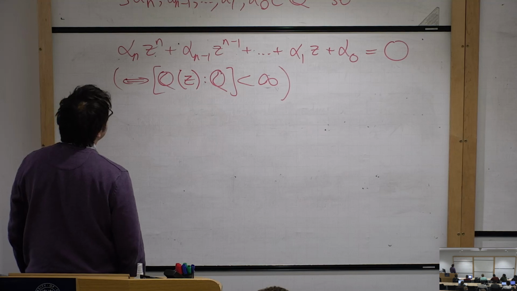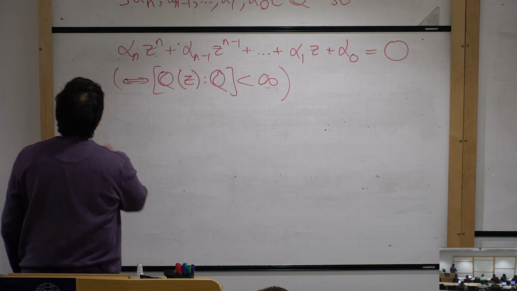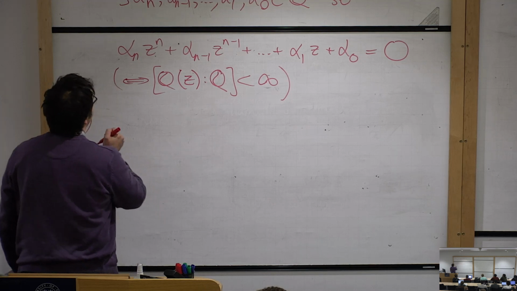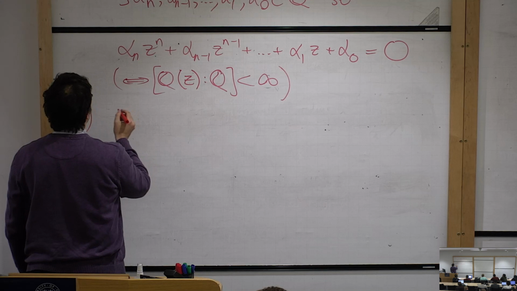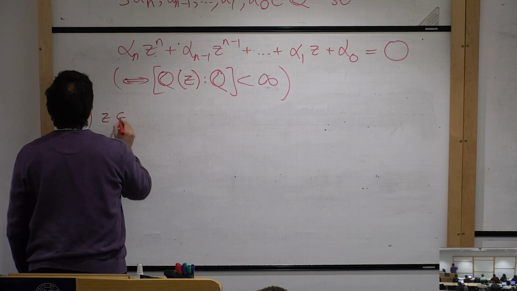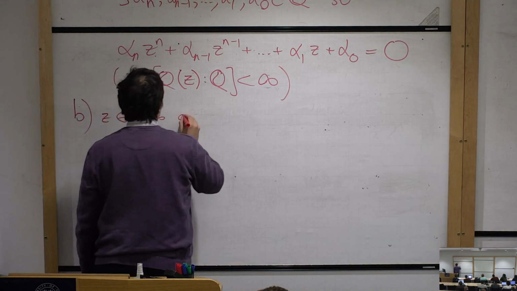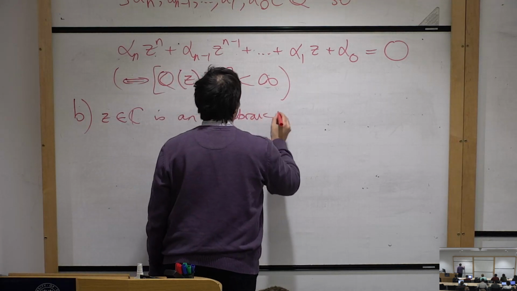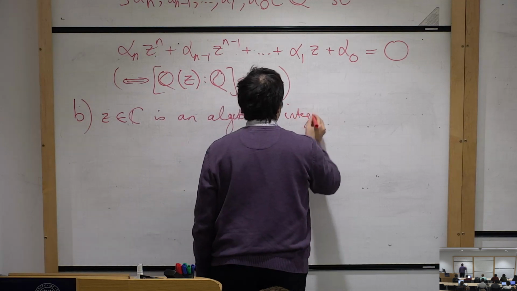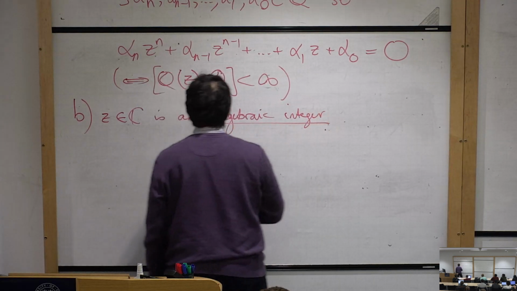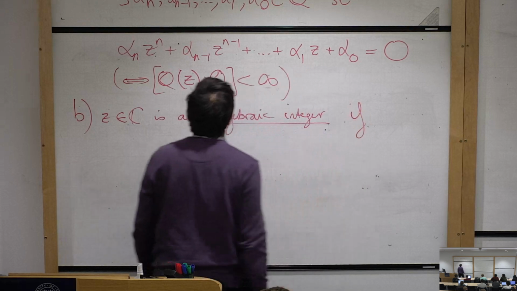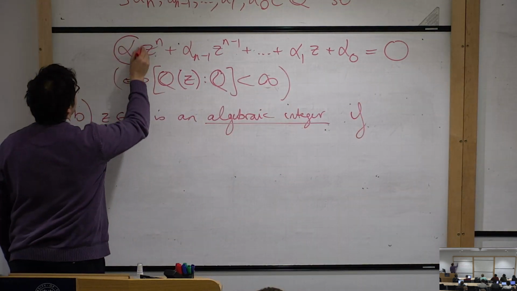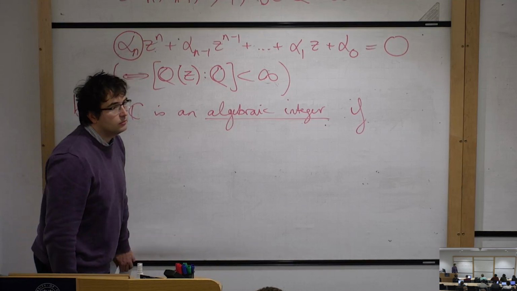I'm concerned here with integers. The definition is a little bit counterintuitive, well, it's a bit strange. So an algebraic integer: the same condition holds, but the leading term can be chosen to be 1.